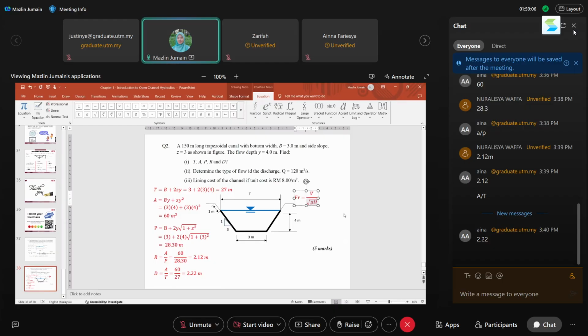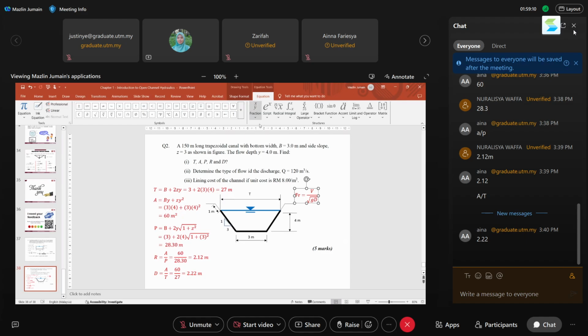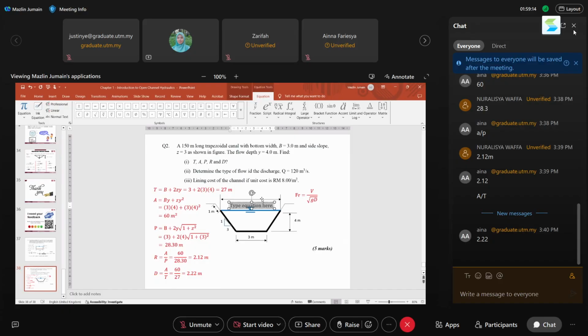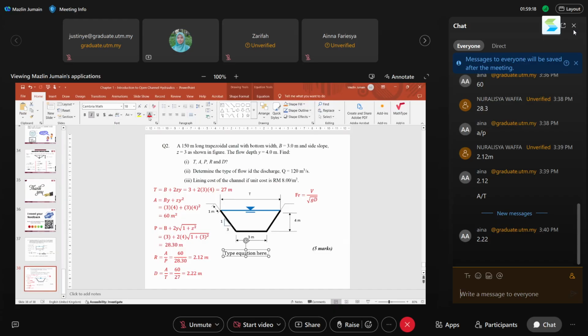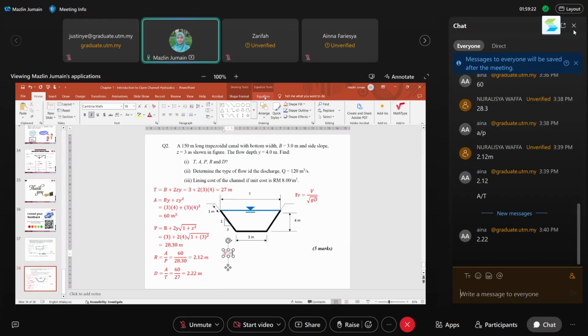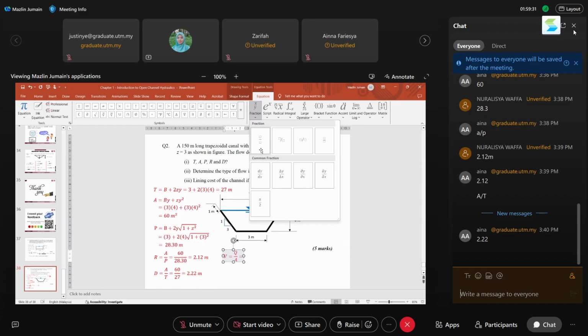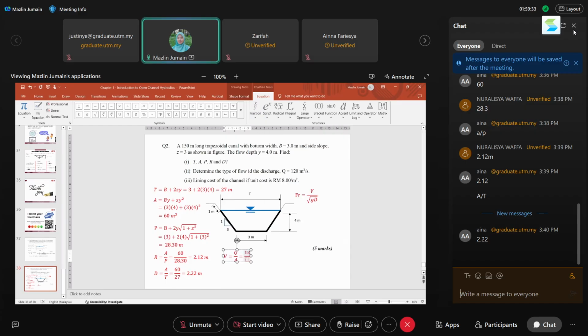So kena dapatkan nilai V dulu. So V equal to Q divided by A. So Q 120 and then A we have 60.